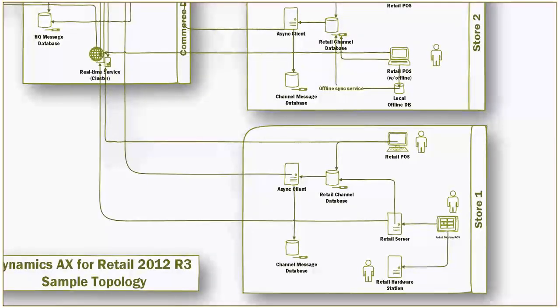Once you have your retail server set up, the next thing you can do is install your modern point of sale application. So the retail modern POS can be installed using AX setup on your x86 or 64-bit computers. Installing retail modern POS on an ARM or WinRT device is a little bit more involved.